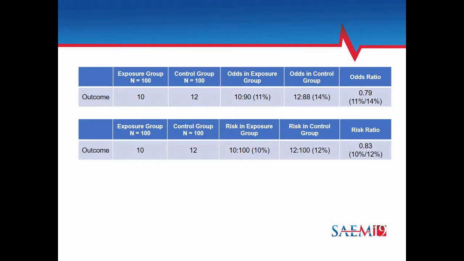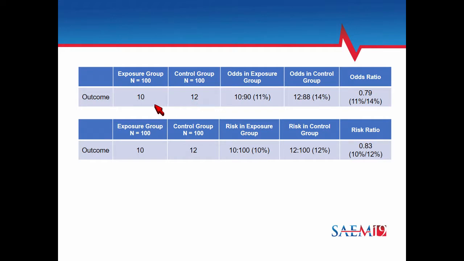So let's say we have a hypothetical study. We have 100 patients in the exposed group, 100 patients in the control group. In the exposed group, 10 patients had the outcome. In the control group, 12 patients had the outcome.